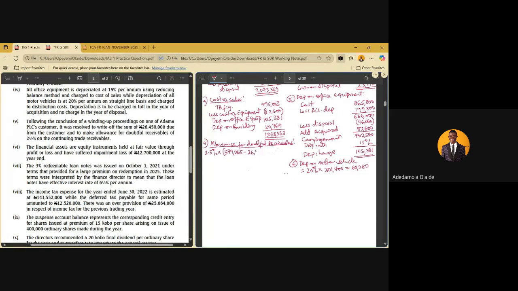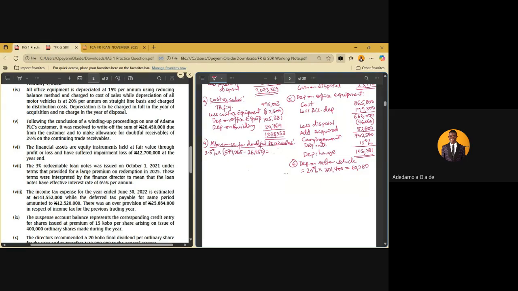26,450. But please, let's pay good attention to the examiner's choice of words in the exam hall. If this 26,450, which is the bad debt, is already in the trial balance, that means they've already deducted it from the receivables. Don't go and deduct it again. But if it is in additional information, it means it is here to be treated.